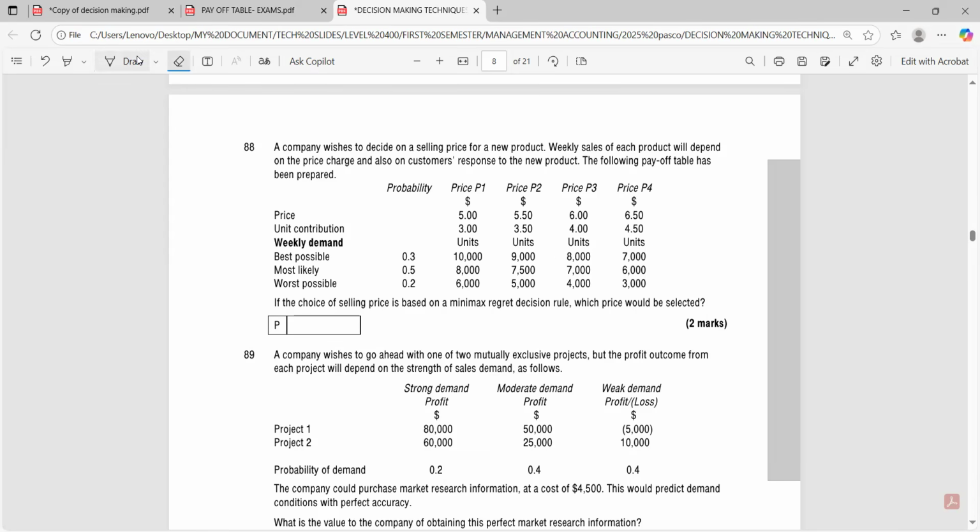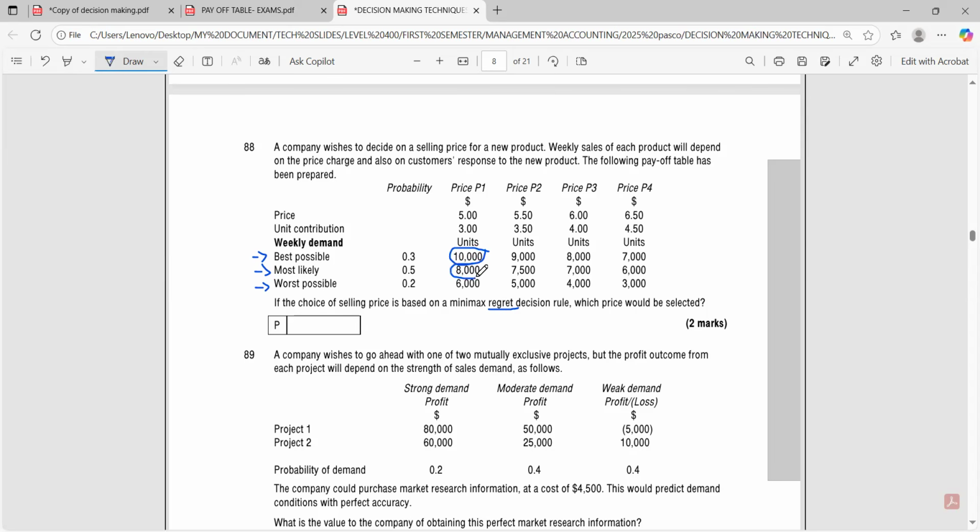So first we are preparing the regrets table. At each level, which one is the highest? So at the level of best option, this one becomes the highest. At the level of the most likely, this one becomes the highest. At the level of worst, this one becomes the highest.